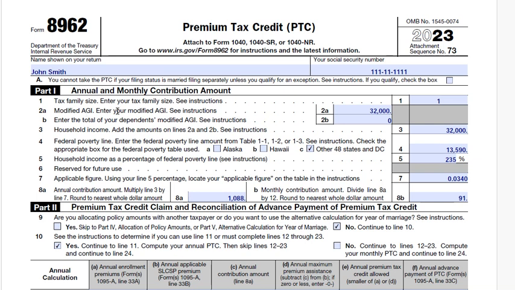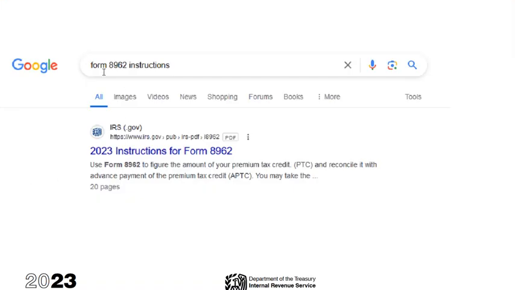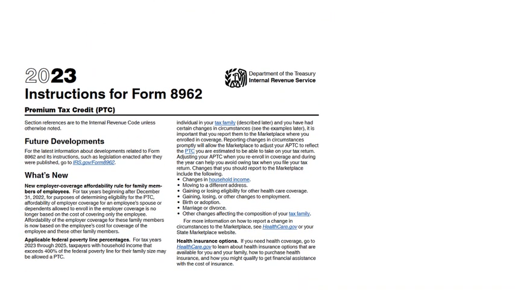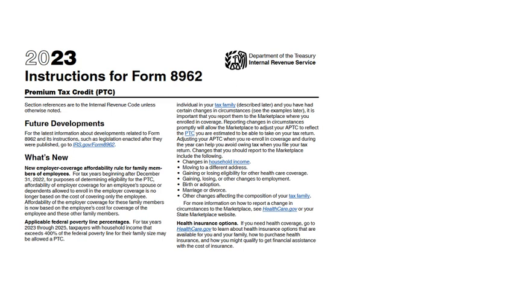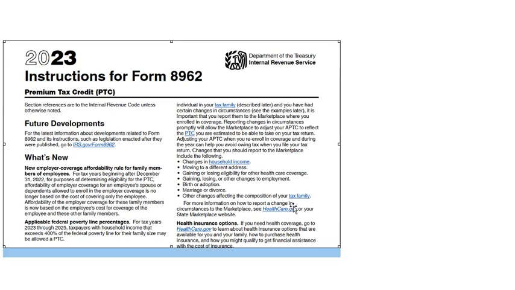To do this, we need to get the worksheet from the Form 8962 instructions. To get the Form 8962 instructions, we'll just Google it, and then we'll get this link right here. It will take us to the instructions for Form 8962.